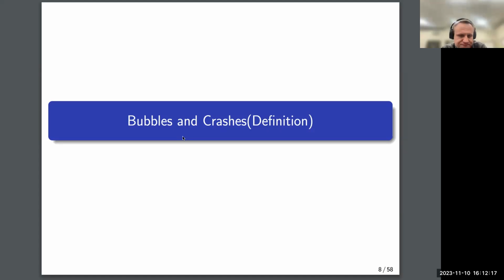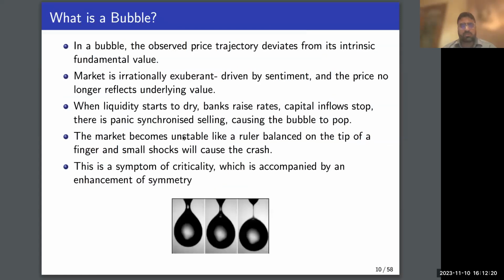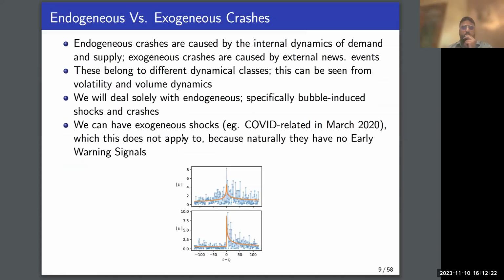Yes, it works. Okay. So, essentially, what is the difference between endogenous and exogenous crashes, or endogenous and exogenous shocks? In markets, we usually say that endogenous shocks are caused by the internal dynamics of demand and supply, and exogenous ones are caused by external news and events. Essentially, it's been shown that both belong to very different dynamical classes, as can be seen from volatility and volume dynamics.